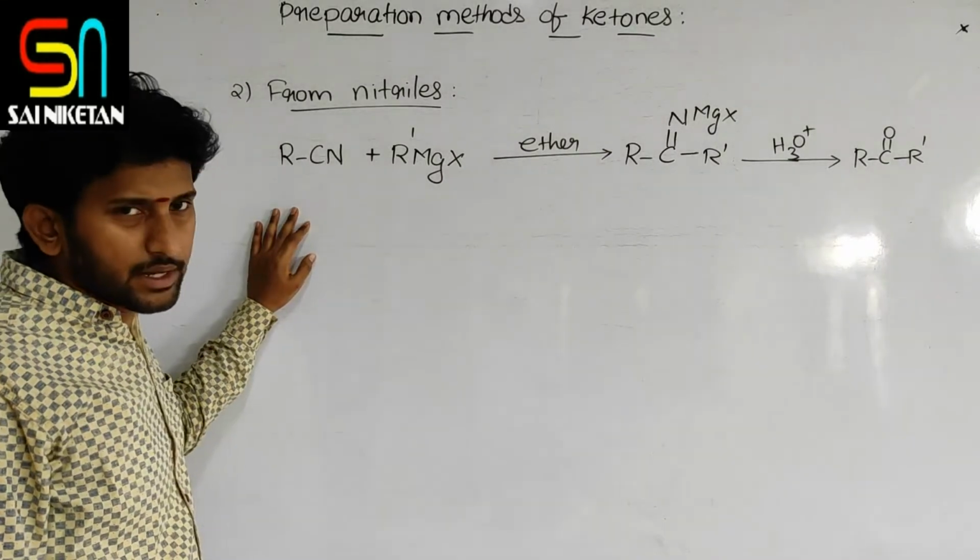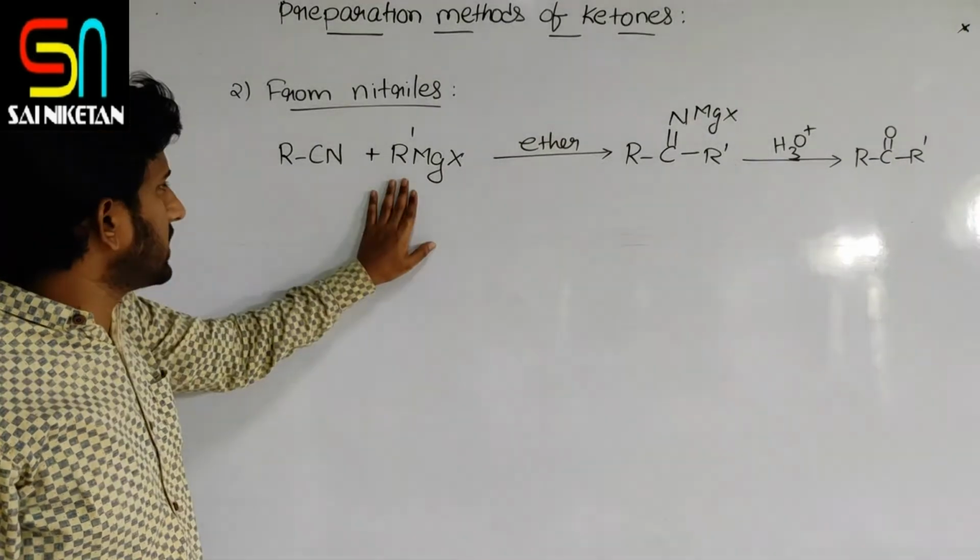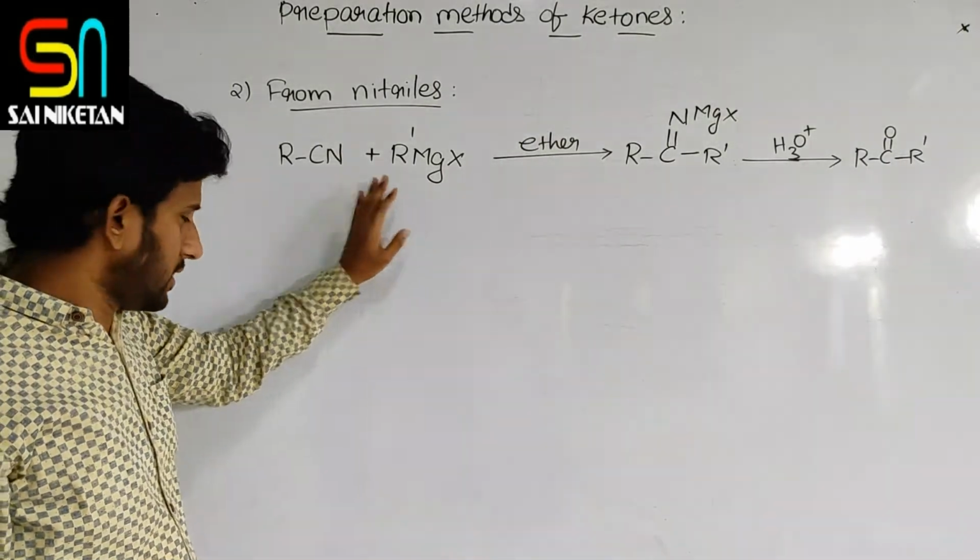So from nitriles you can synthesize ketones by treating with the Grignard reagent.